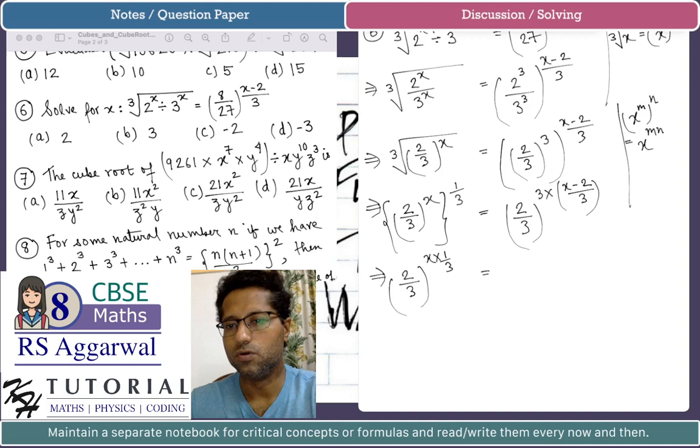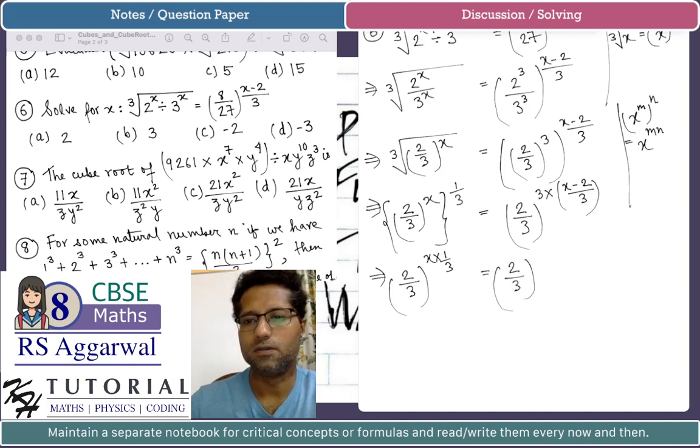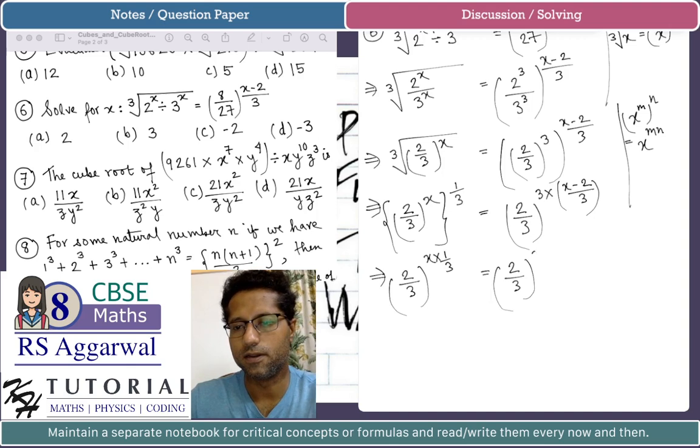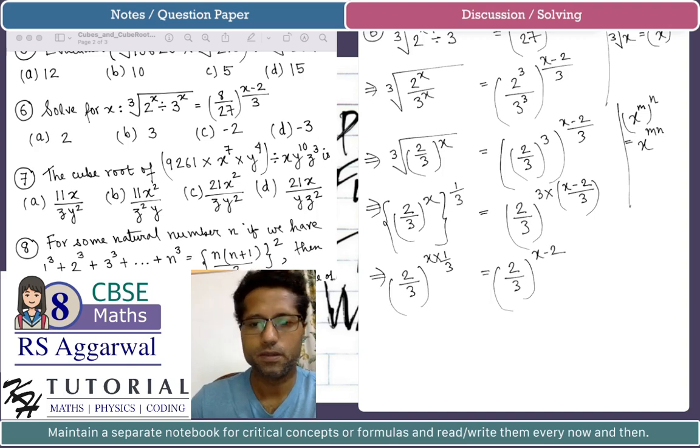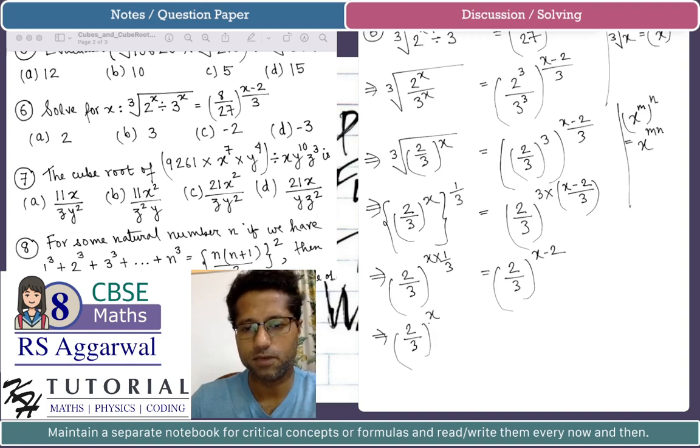This is equal to (2 by 3) raised to the power 3 multiplied by x minus 2 by 3. So 3 cancels out, we get x minus 2. Now this implies (2 by 3) raised to the power x by 3 is equal to (2 by 3) raised to the power x minus 2.